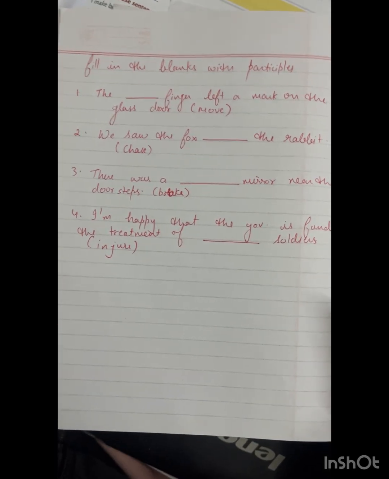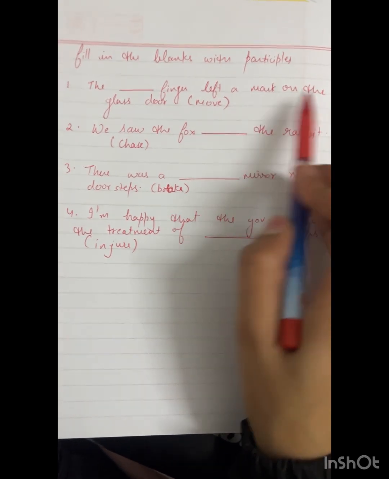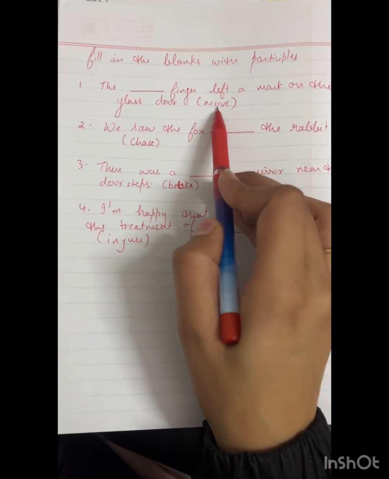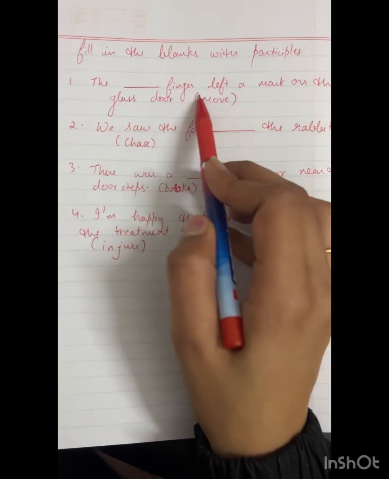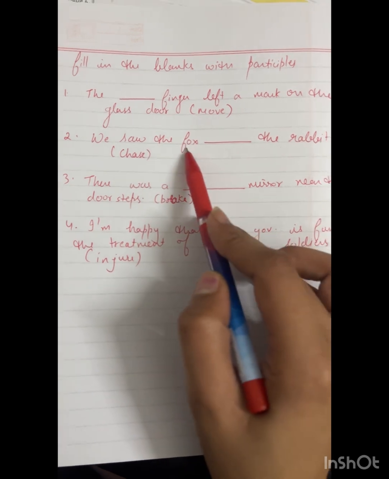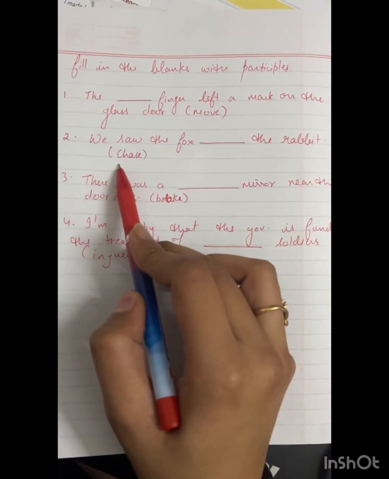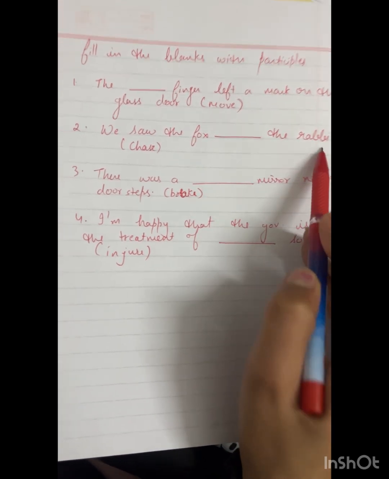Fill in the blanks with the participle. First one is, the dash finger left a mark on the glass door. Move. You have to fill in the blank with the participle. The moving finger left the mark on the glass door. We saw the fox dash the rabbit. Chase. We saw the fox chased the rabbit.